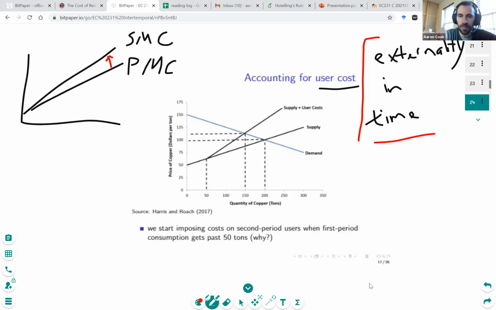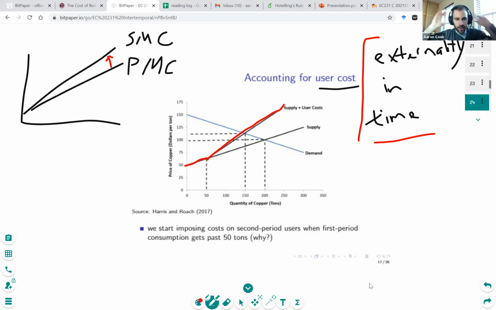And so the new supply curve, taking account of user costs, is going to overlap with the supply curve until you get to 50, and then it's going to increase at a steeper slope once you get to 50. So the supply plus user cost is given by that red line that I drew over top of the other stuff, whereas the supply curve is just the constant black line that has the constant slope.